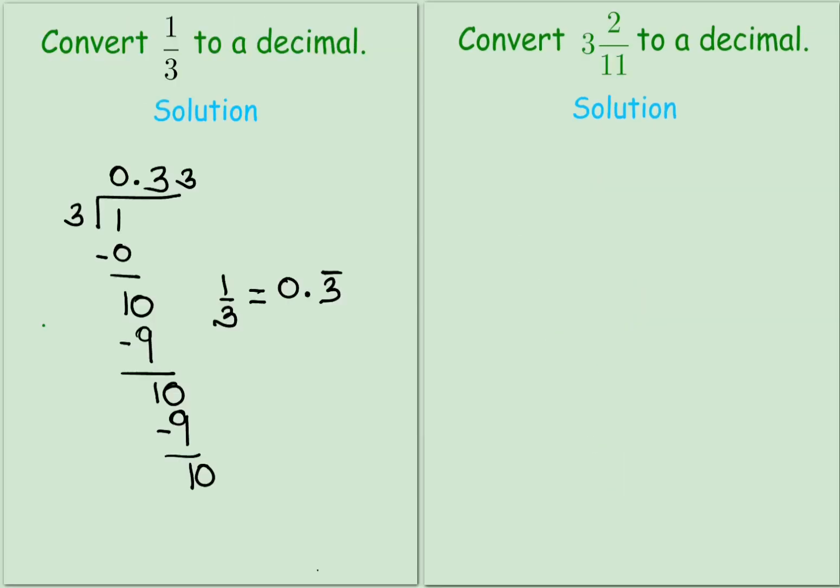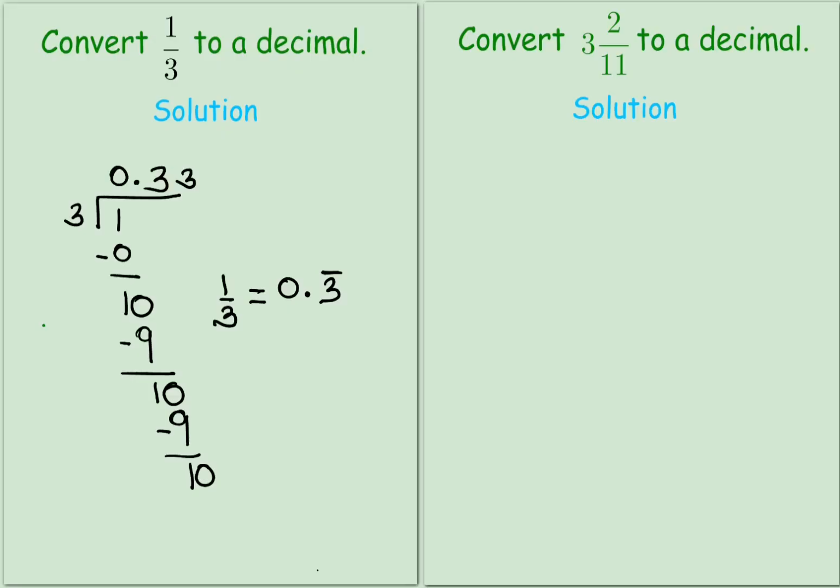So let's look at this last example here, which is convert 3 whole number 2/11 to a decimal. Now there are two ways you can do it when it comes to a mixed fraction. Because the whole number is always constant, you can say 3 point, then you convert the 2/11 to the decimal. Easy.